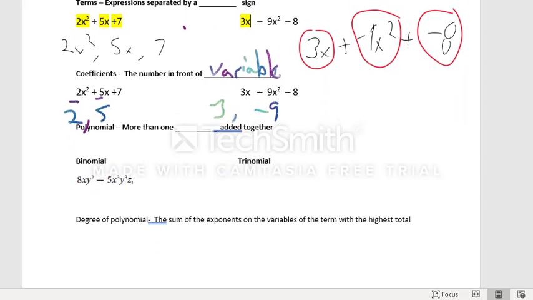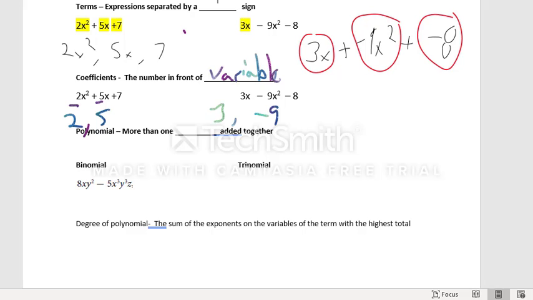All right. Next, we have a polynomial. A polynomial is more than one term added together. So 2 things added together, 3 things added together, 4 things added together, those are polynomials. It's more than one thing. All right. We have special names for 2 of these. A binomial has 2 terms.